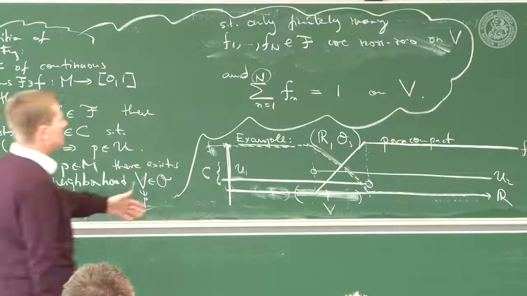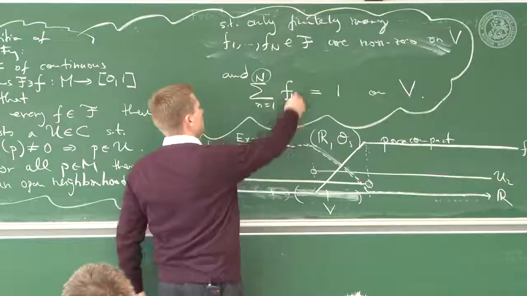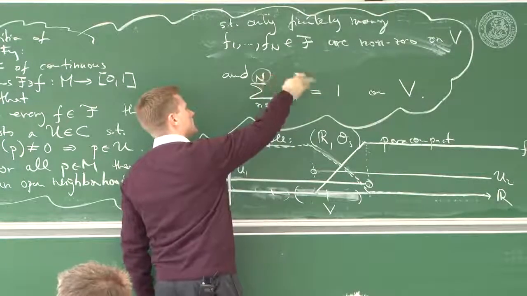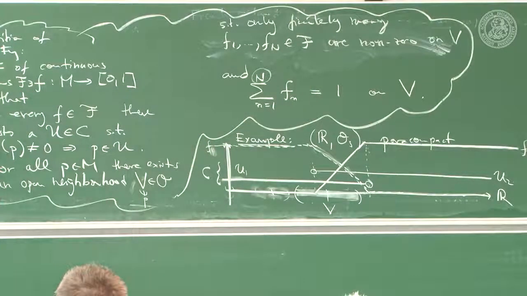And you want that this works for finitely many functions, such that if you define here an integral, you can take the sum of integrals and you can exchange the sum with the integral because there's no limit, because you have no series to infinity. You don't have to worry about the exchange of limits of sums and integrals. In the definition of an integral, there is a sum.